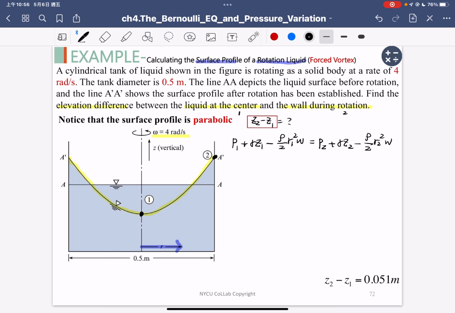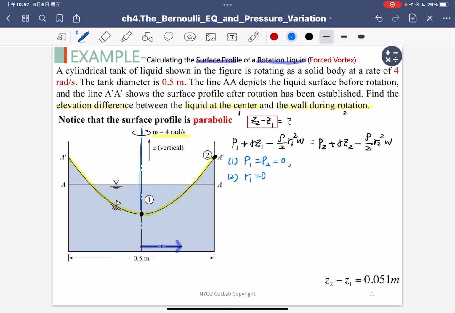How many conditions do we already have? First, the gauge pressures P1 and P2 are equal to 0, because points 1 and 2 are exposed to the atmosphere, so there is no gauge pressure. Second, R1 equals 0, because point 1 is on the rotating axis, so there is no distance along R1.